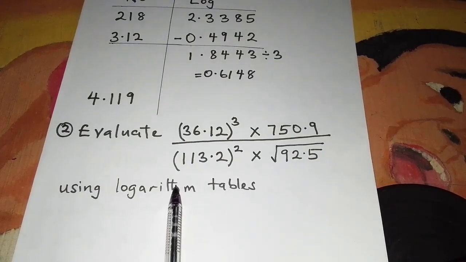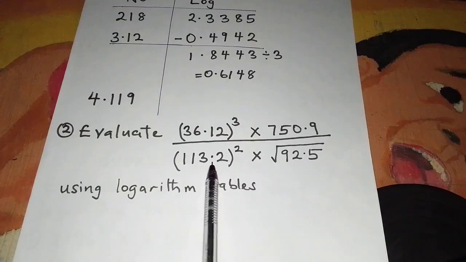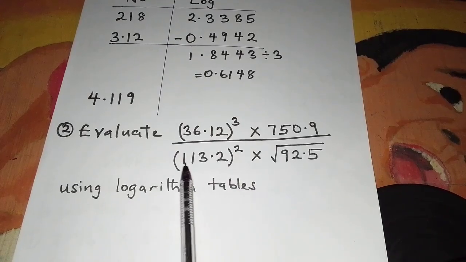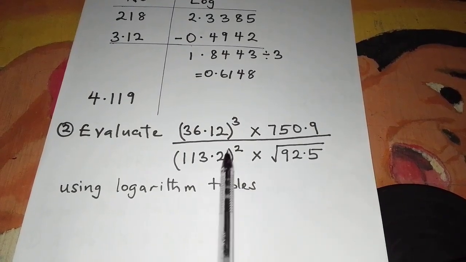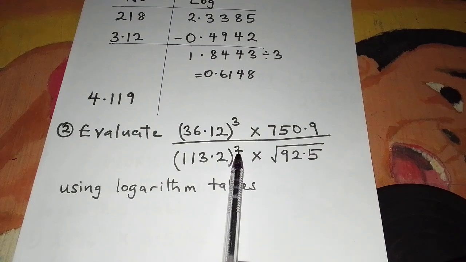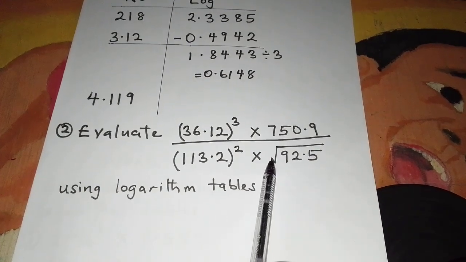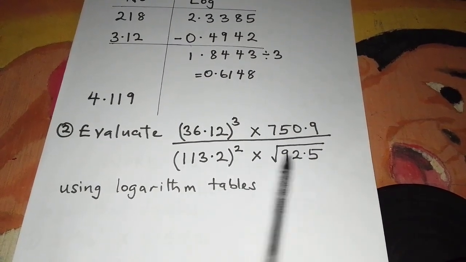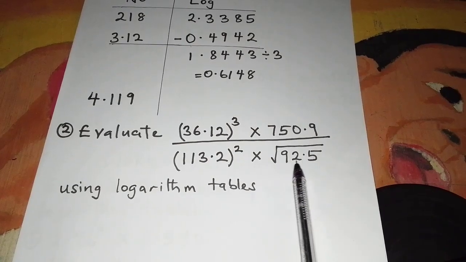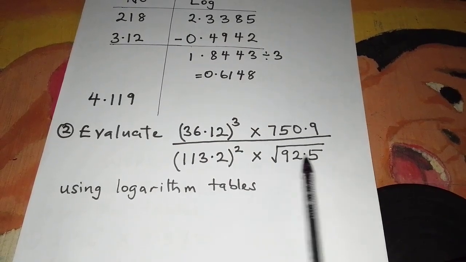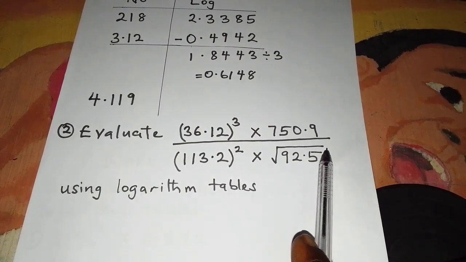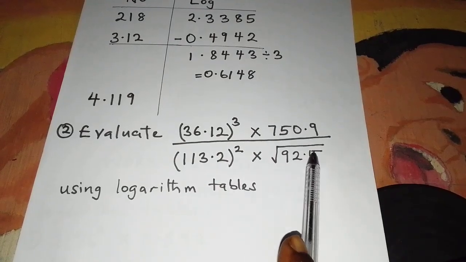You now come to the denominator, 113.2 squared. Because this is squared, you look for the logarithm of this and multiply the logarithm by 2. Then for the square root of 92.55, you look for the logarithm of this one, and because you are looking for the square root, you divide by 2.